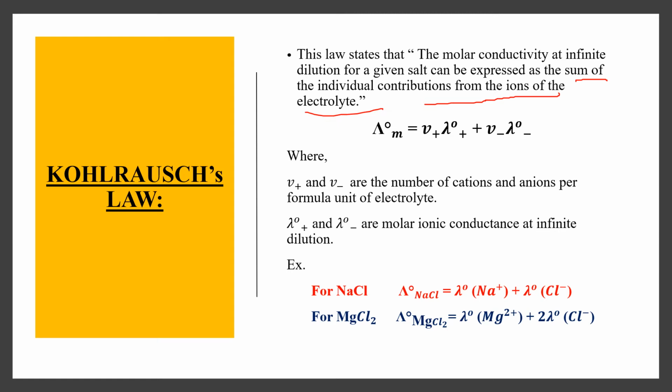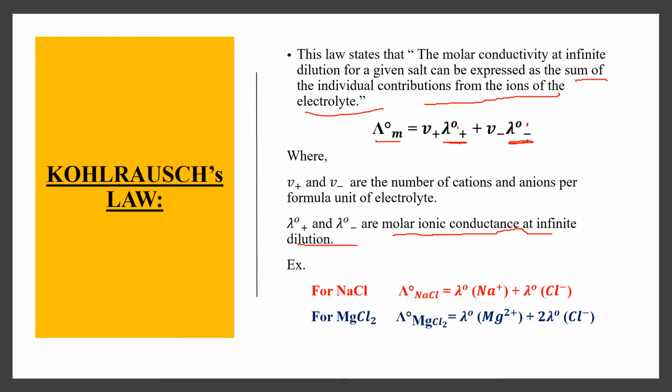So from this definition, the molar conductivity at infinite dilution for a weak electrolyte will be equal to the individual molar conductivity of the cation at infinite dilution plus the individual molar conductivity of the anion at infinite dilution, lambda naught. Here v plus and v minus are the number of cations and anions per formula unit of electrolyte. Lambda naught plus and lambda naught minus are molar ionic conductances at infinite dilution.